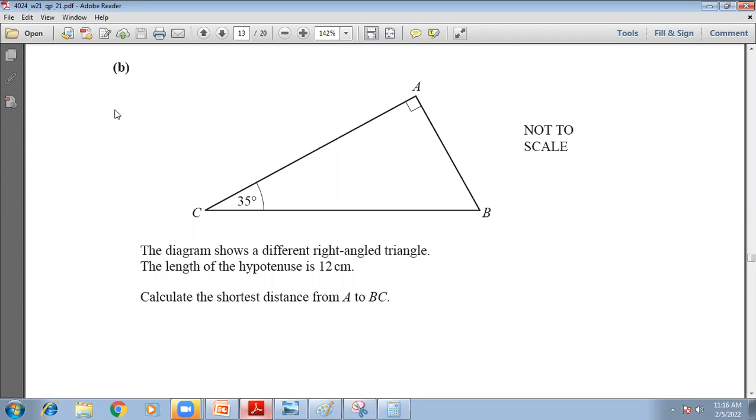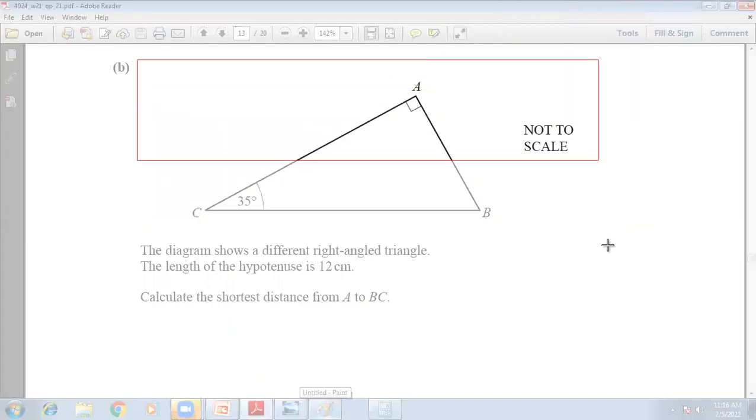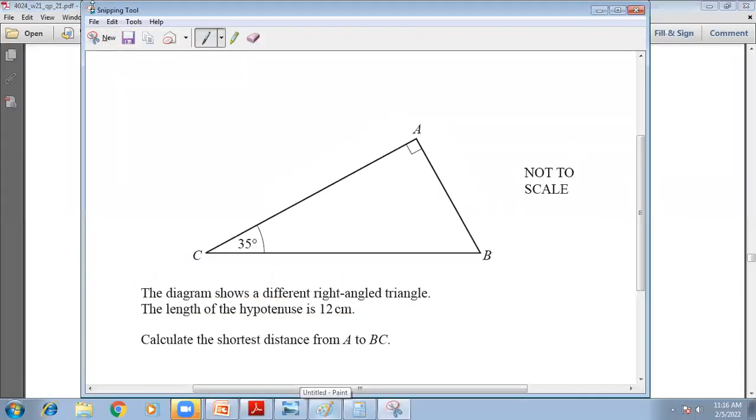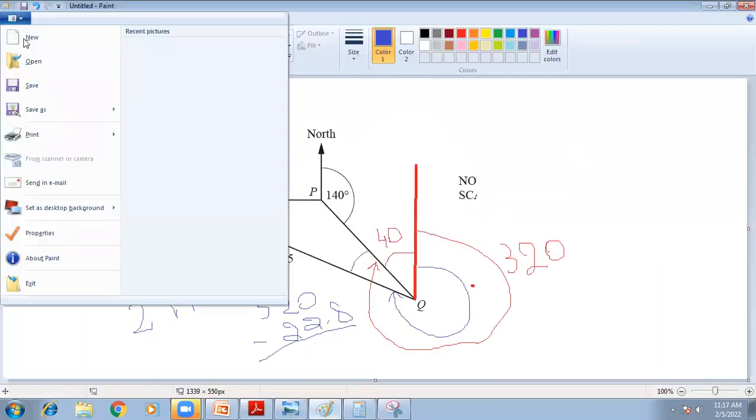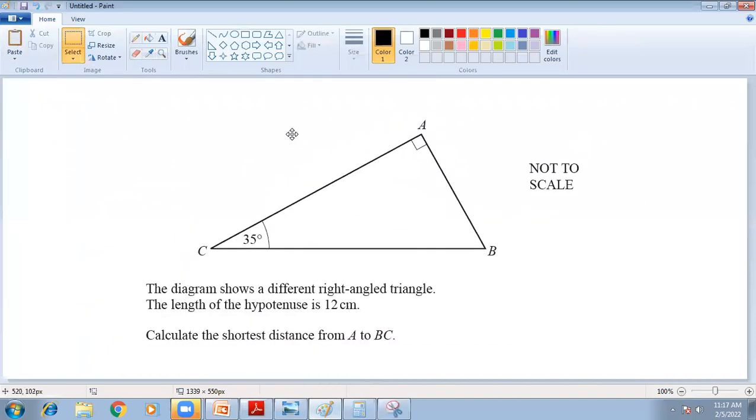The shortest distance from A to BC, let me show you. What does this mean? Okay, I just want to explain to you what this means. So the shortest distance from A to BC will be a line which will be making a 90-degree angle with this.